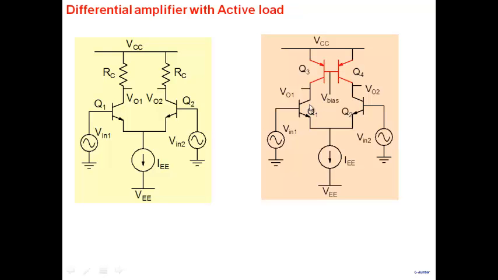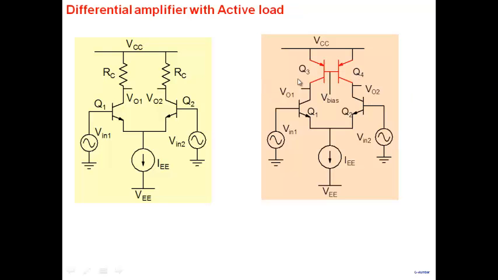They are in series, so one of the transistors wins, and the one which has a smaller current will win. If this is trying to force 1 milliampere and you're trying to force 2 milliamperes here, then this transistor will win. You will have 1 milliampere here, and this transistor we can show will go into saturation, and the whole amplifier will not work.